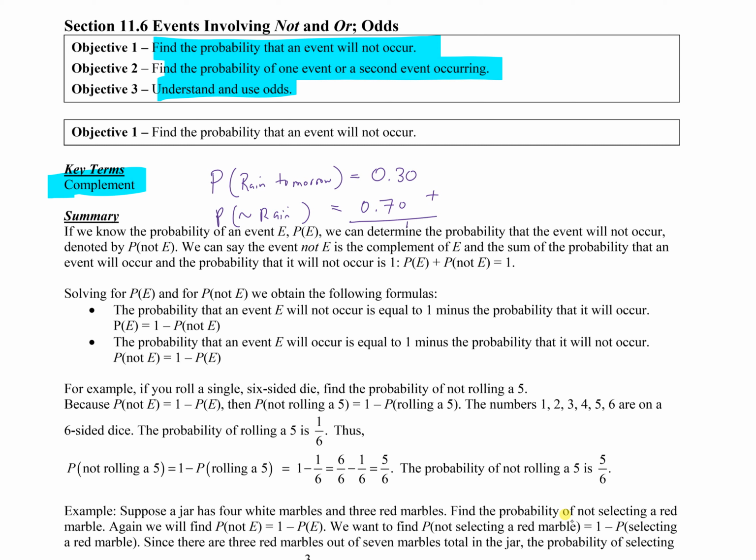So complement means the probability of A and the probability of not A equals 1. That's what it means. They complement each other for a total probability. So if the probability of raining is 30%, then the probability of not raining must be 70%. That's the idea of a complement.